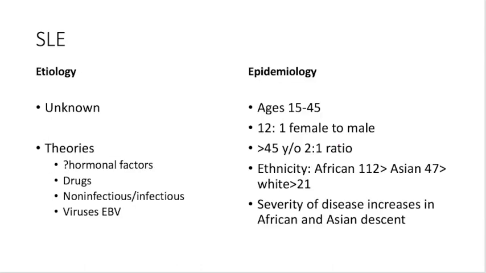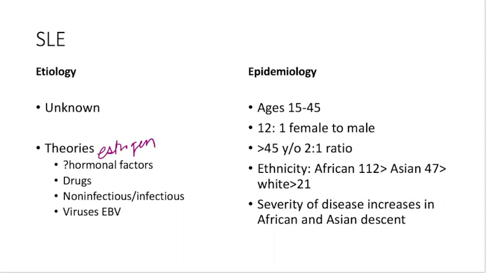So etiology is unknown, so this would be idiopathic because we do not know exactly why lupus starts. The theories they have include hormonal factors, like we talked about with the estrogen. Certain drugs can elicit this autoimmune response. There can be infectious or non-infectious triggers, such as viruses like the Epstein-Barr virus. So here's that epidemiology.